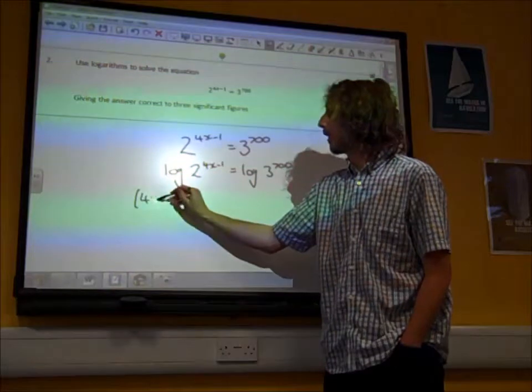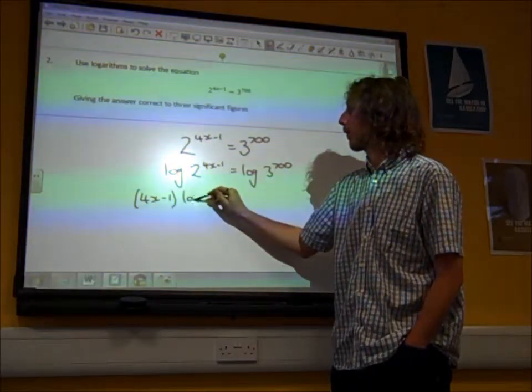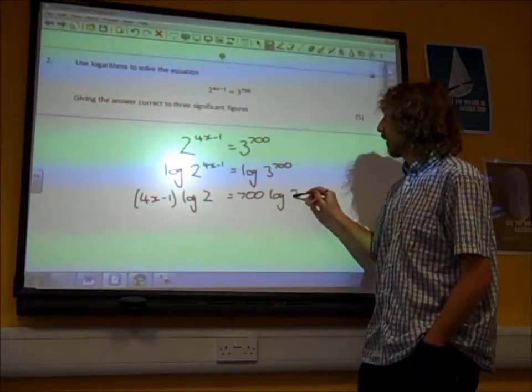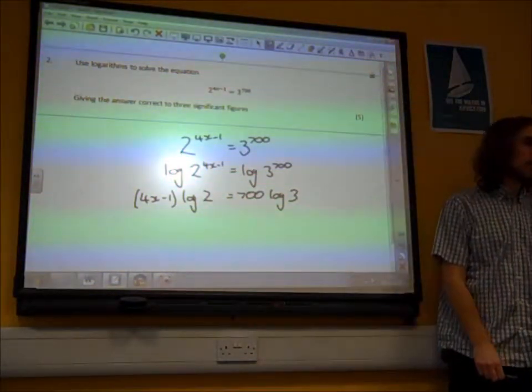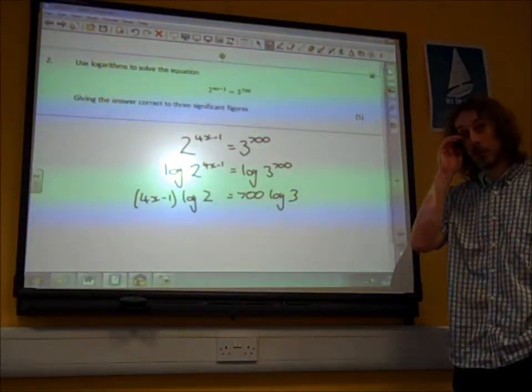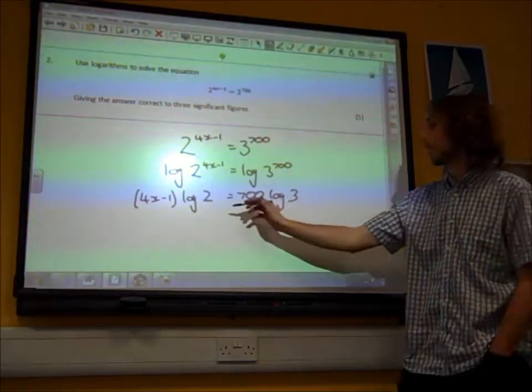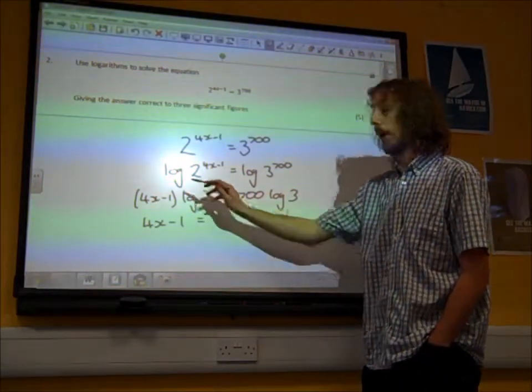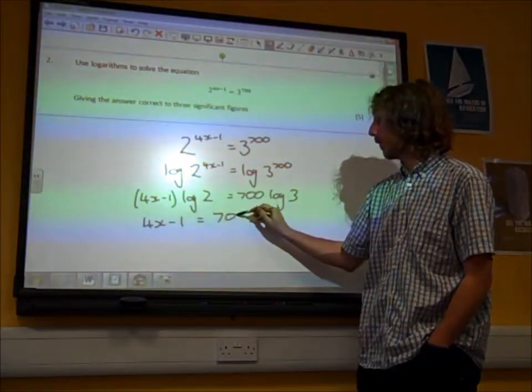So we have 4x minus 1 times log 2 equals 700 times log 3. We now have an equation in terms of x that we need to rearrange. We could write these values, but we won't. We'll leave them in exact form. I'm going to divide both sides by log 2.